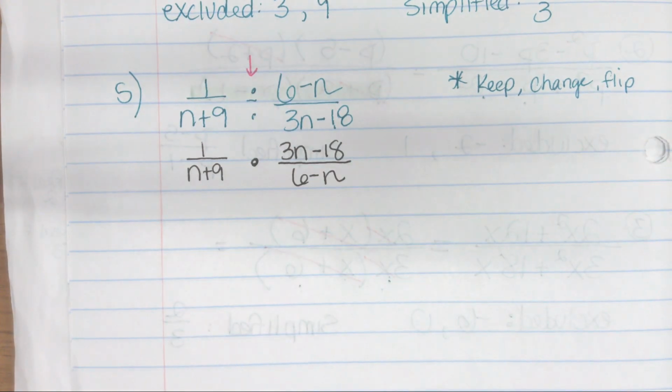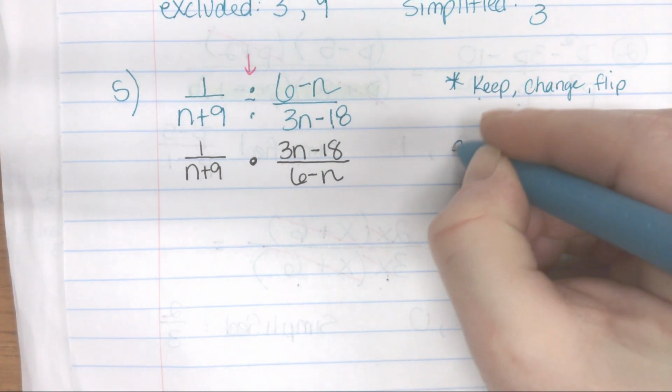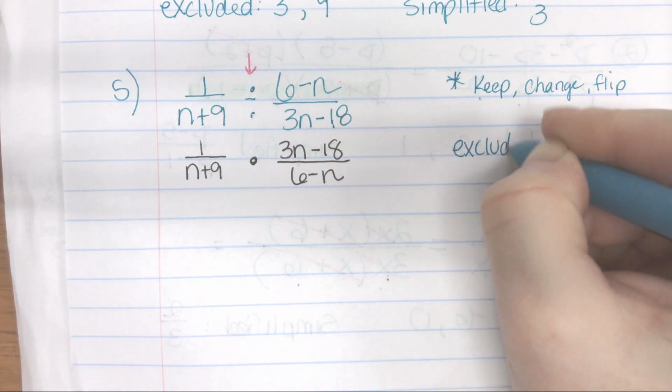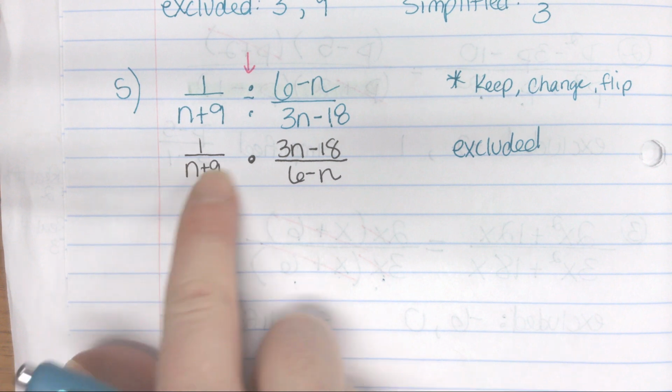Okay. So before we do any work on this, can you guys tell me what's excluded? So I'm going to end up putting these together and trying to factor some things out in a sec.